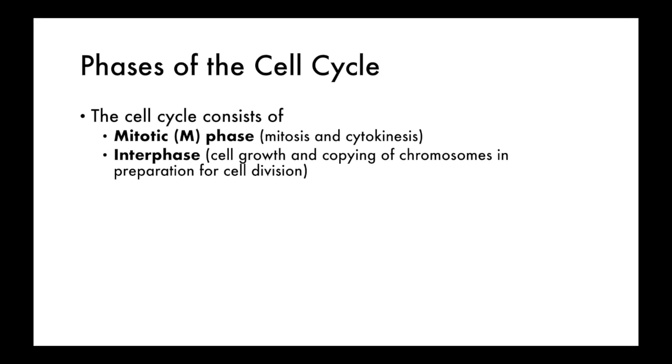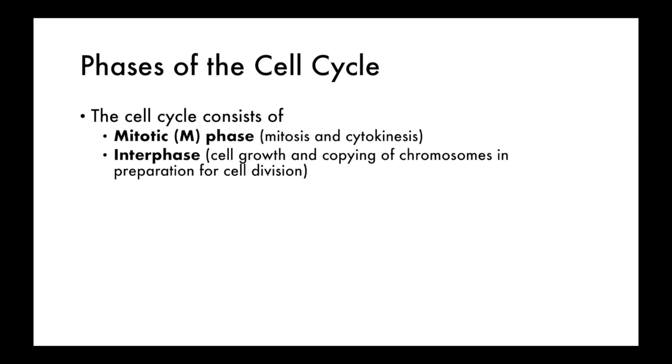And then the rest of the cell cycle is what we call interphase. So most of your cells in your body right now are in interphase. It's where they spend 90% of their time, just hanging out, doing whatever the cells need to do, being skin cells, being liver cells, whatever their job is.